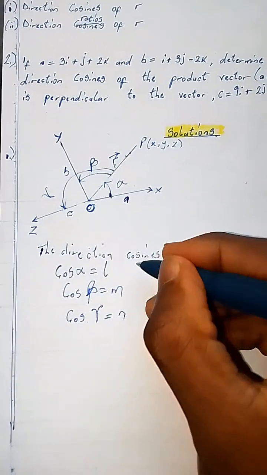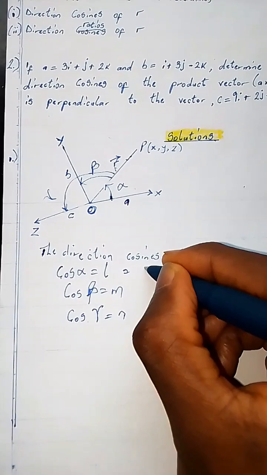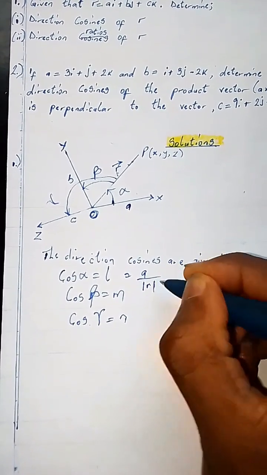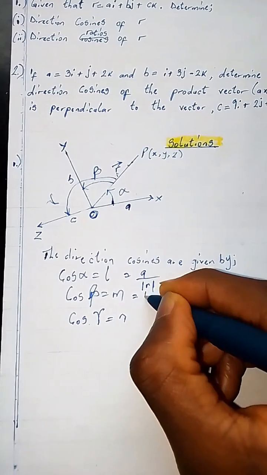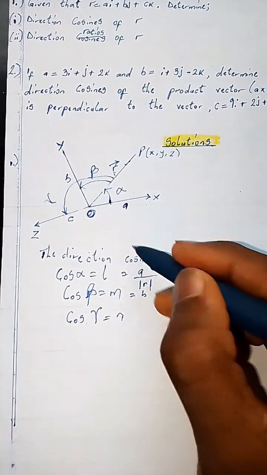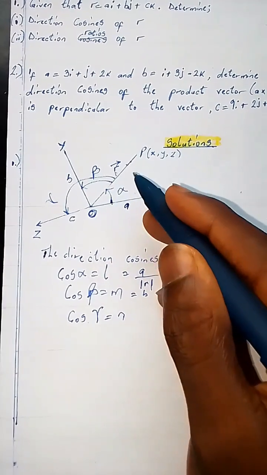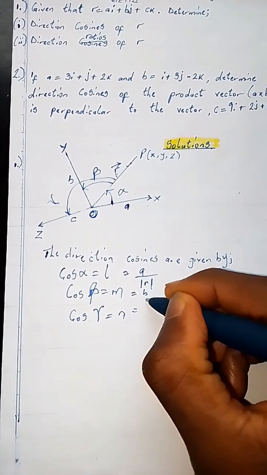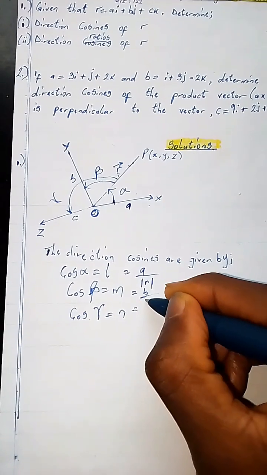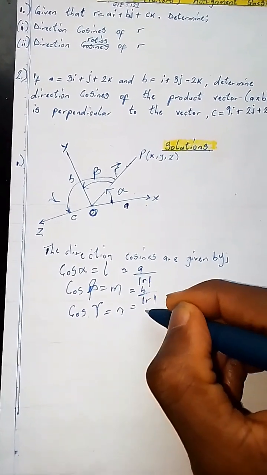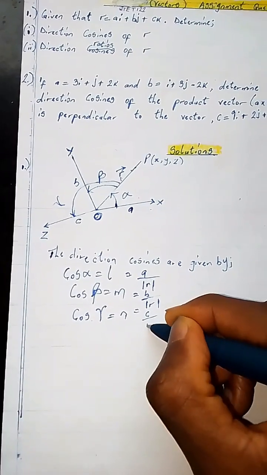So cos alpha is always equal to a all over the modulus of R. Cos beta is b all over the modulus of R, and cos gamma is always c all over the modulus of R.